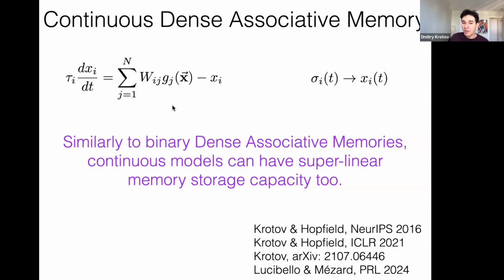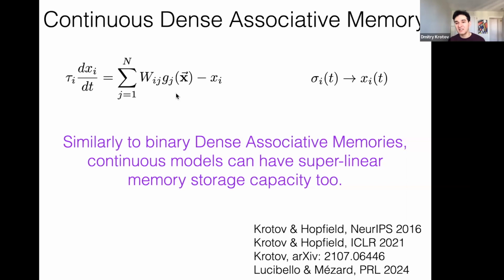What is somewhat special about them is the choice of the activation functions, because some of them need to be sufficiently aggressively peaked around memories. And that's something that I'm going to discuss a little bit later on in my talk. So essentially, the point here is that this simple intuition that holds for binary dense associative memories to a certain degree can be extended to continuous variables.